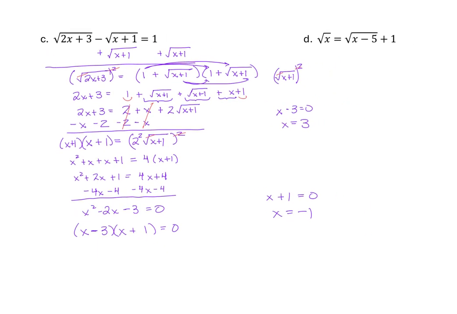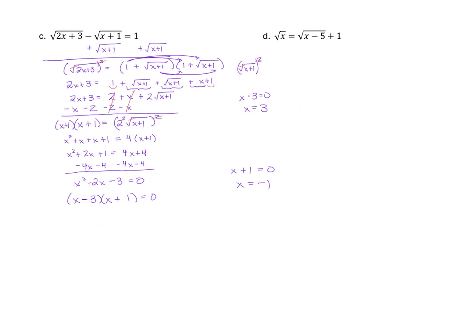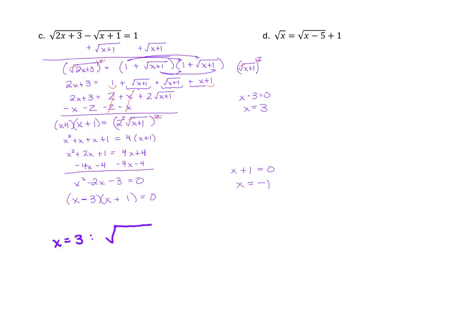Okay, we are not done. We have to check this. And so we are going to go ahead and plug these back into the original equation. And let's see what happens. All right, if we start with the 3, if we plug this in, we get 2 times 3 is 6. We still have our plus 3.